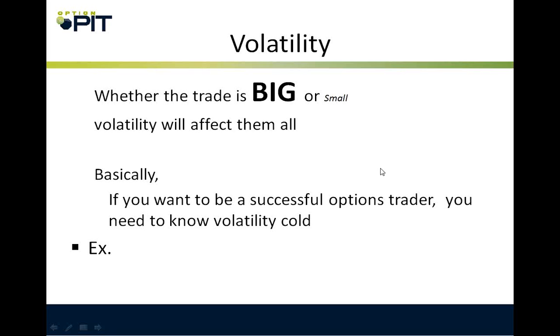But the way market makers operate is purely on supply and demand. That's why that Apple trade got smoked. Everybody came in to sell premium, okay? And that's just it, volatility really affects price, okay? And price is what determines profitability, all right?